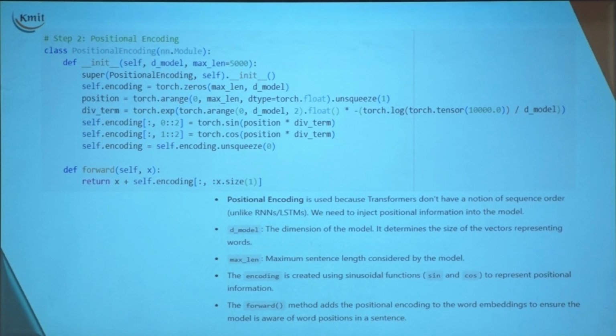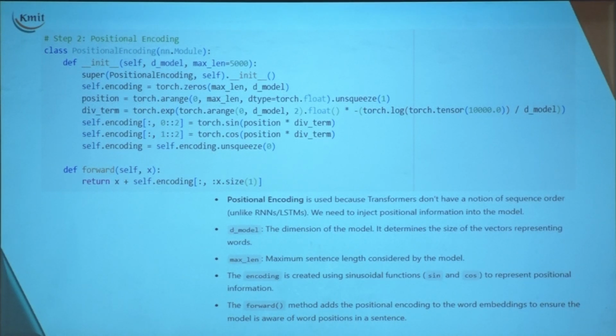What does torch.zeros do? I am taking a basic tensor. I am creating an empty tensor of zeros initially because I still didn't start my processing.